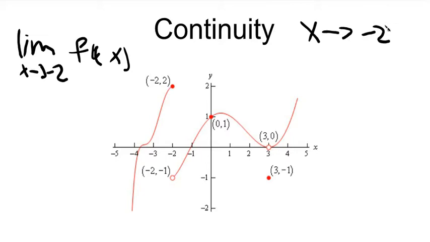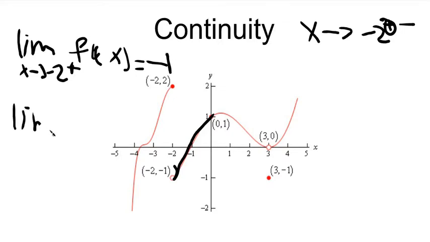In the superscript, you could put a positive or a negative. If it's positive, that means it's approaching from the right side. So in this case, if it was x to the plus, it would approach the point, let's see, -1.